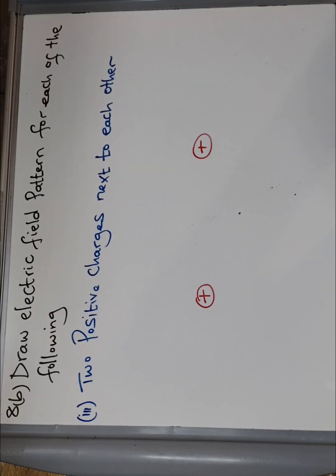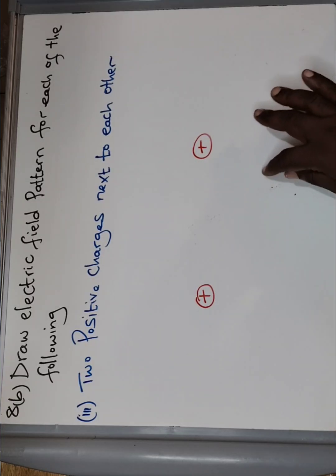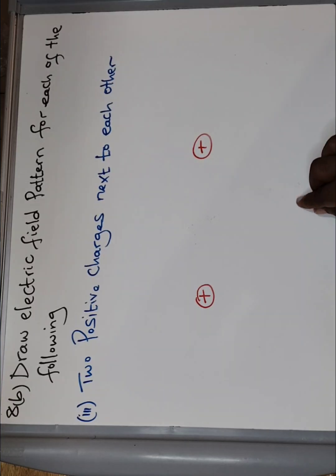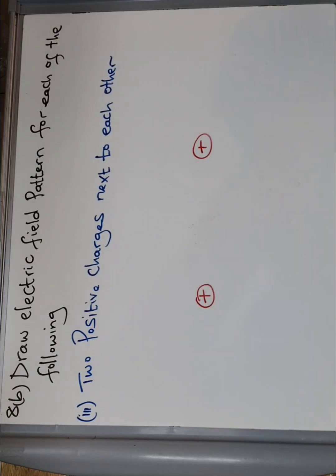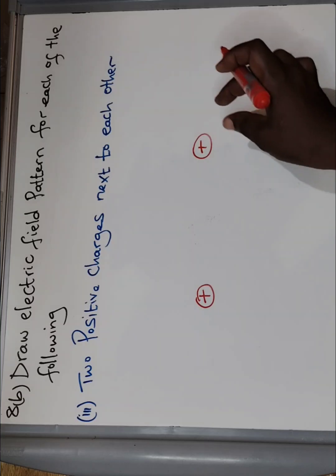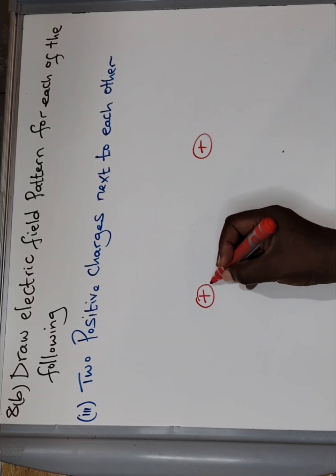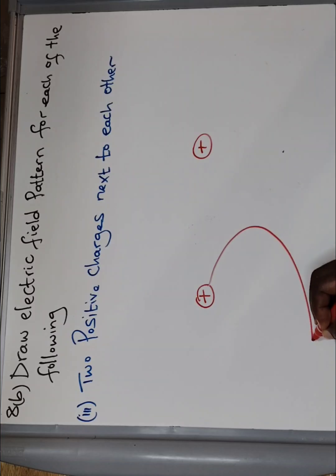You have to know that these ones, they don't like each other. They are like charges. So this one tries to move out in a straight line like it was doing when it was isolated. Then it sees a bad neighbor and it curves. So this is how it looks like.